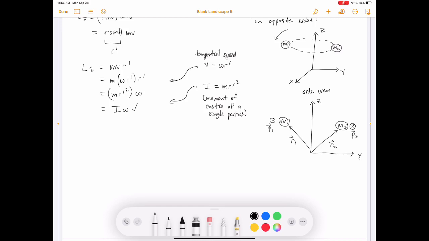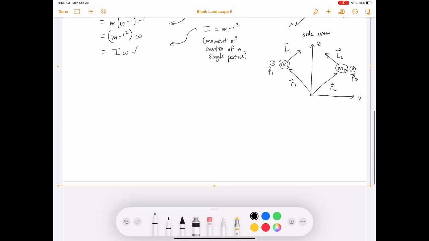And the L vector for particle 2, if we do R cross P, is going up and to the left like this, so this will be L2. For particle number 1, if you do R cross P using the right-hand rule, you're going to see L1. That angular momentum is going up and to the right like this.